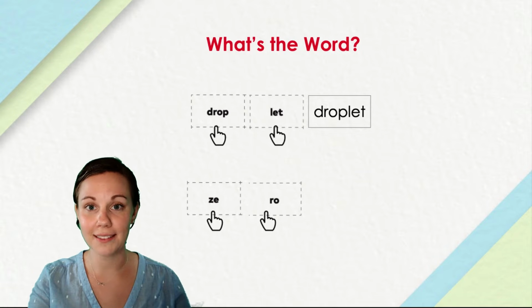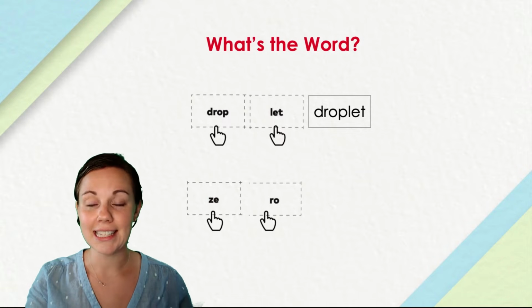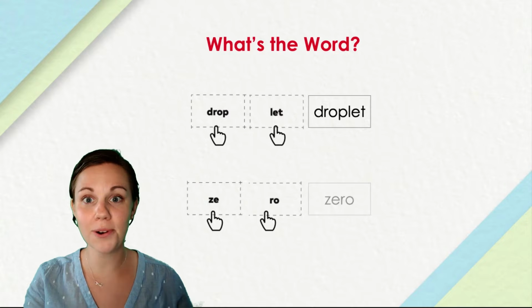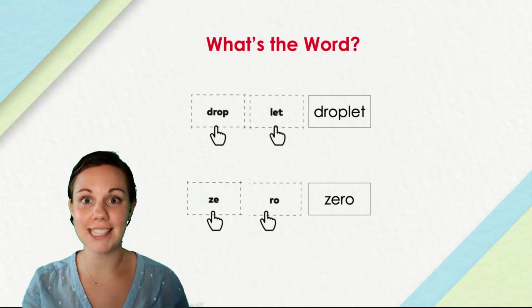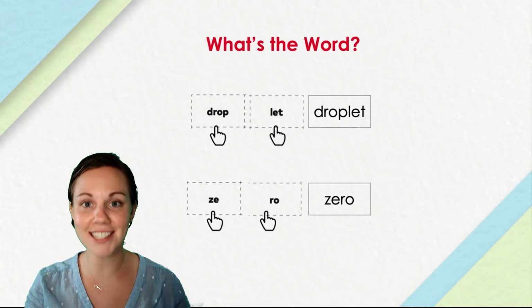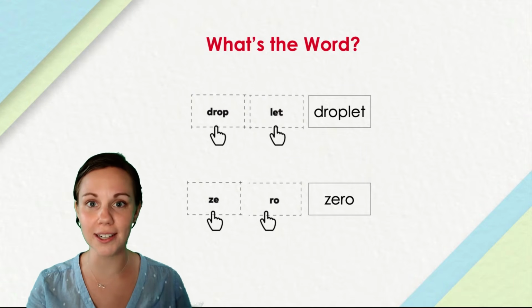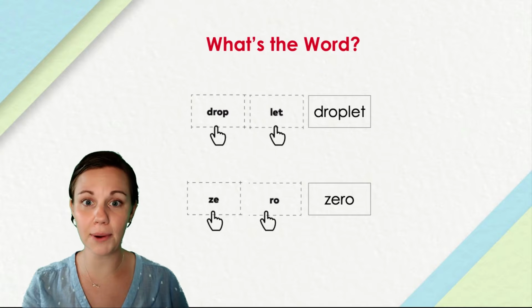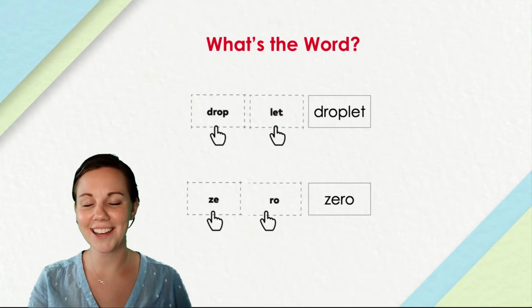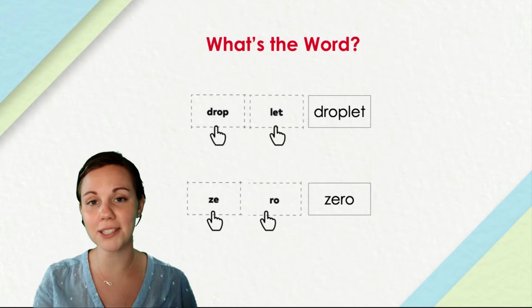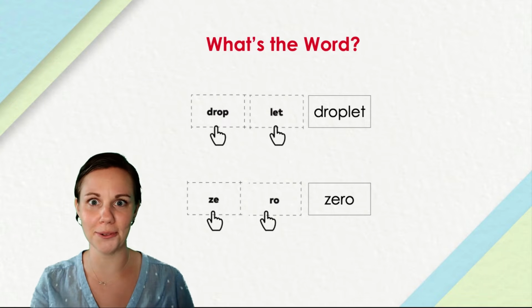Row. Let's put them together. Z, row, zero. You've just read the word zero. That's another two-syllable word. Notice how our closed syllables helped us to read the word droplet, and our open syllables helped us to read the word zero.